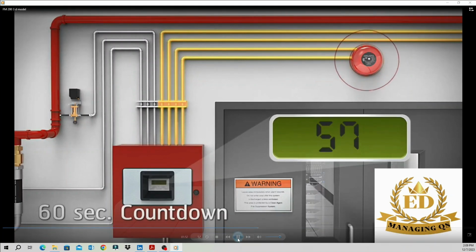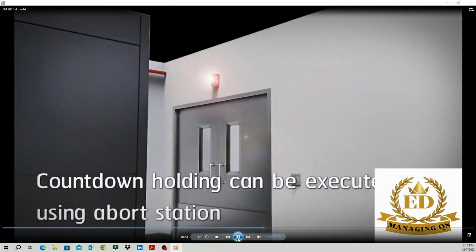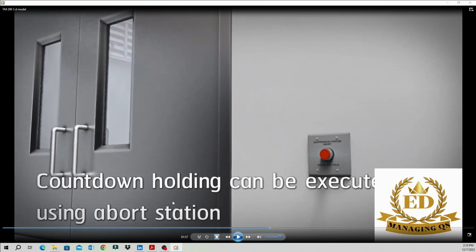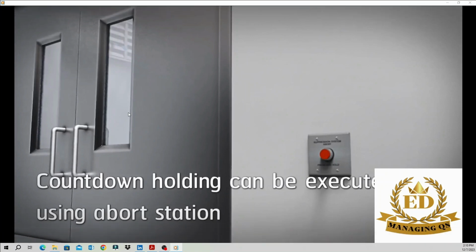So what is the main purpose of this countdown? For example, if the fire alarm has started, then some firefighting people or security people come to this room and see what happened: a very huge fire, a very normal fire, or sometimes it's just some smoking, not fire.